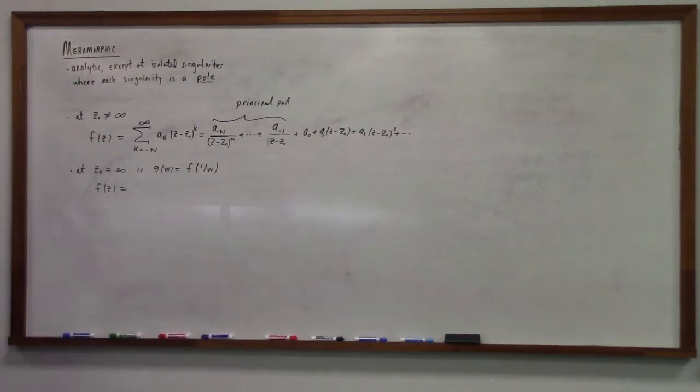These terms cancel out, leaving you just with the a sub n terms. So at infinity, we understand in terms of the function evaluated at the reciprocal. We define analytic at infinity to mean that f of 1 over w, which defined g of w, is analytic at w equal to 0, right? So w equal to 0 corresponds to z equal to infinity.